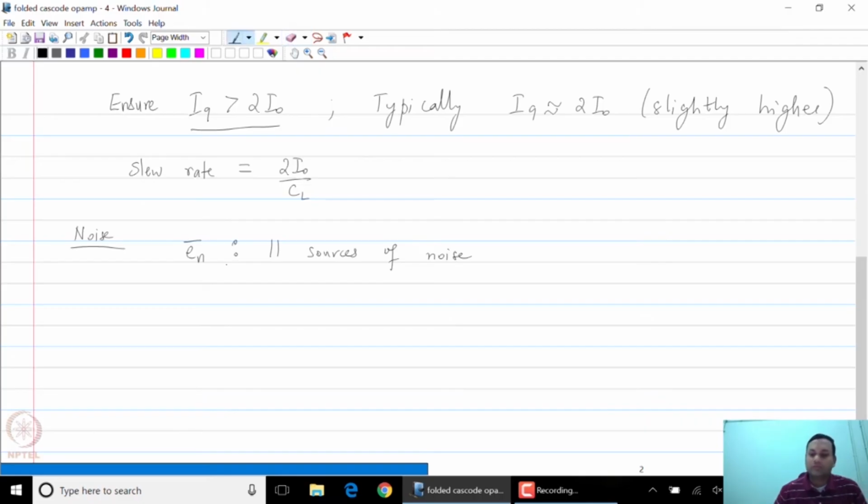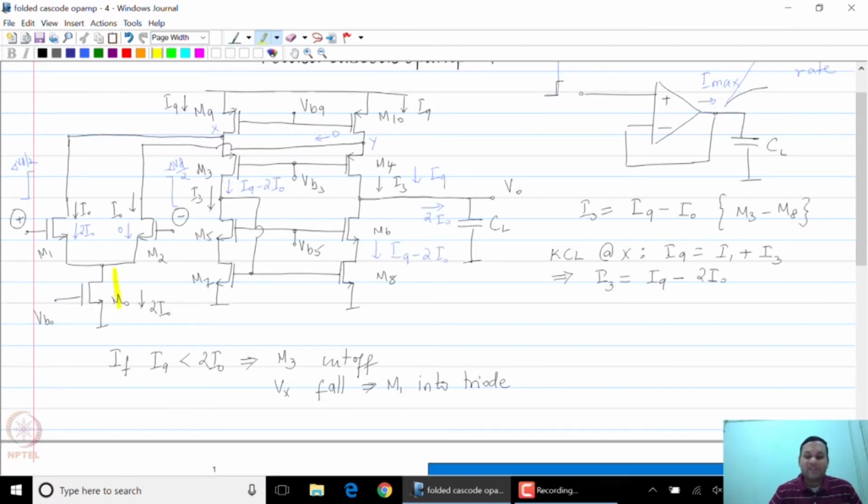So let us look at them in turn. M0: noise of M0 splits between the two parts equally and therefore appears as a common mode noise at the output and gets cancelled. So there will be no noise current flowing through the output. As always, you can either short circuit the output and look at the output noise short circuit current and divide by the transconductance of the op amp, or you could look at it at no load condition and divide by the voltage gain to get the input referred noise voltage.